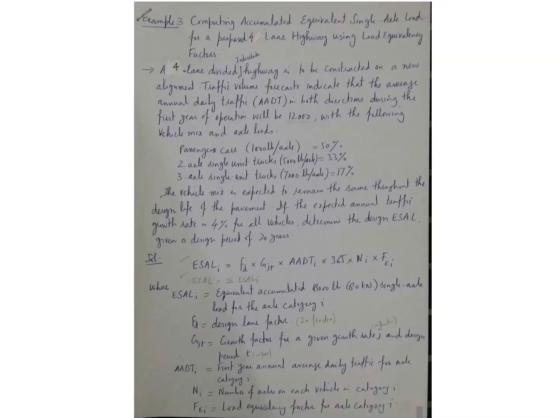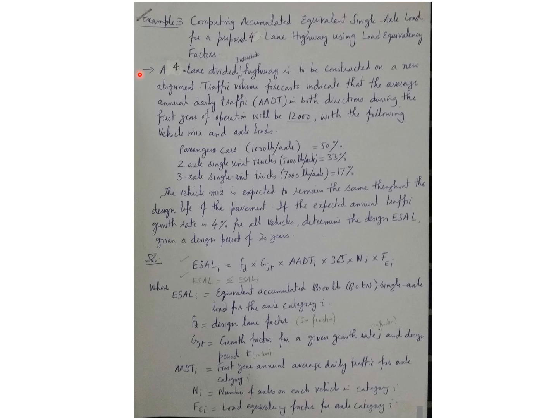Now we are going to solve two problems. In this problem, we are going to compute accumulated equivalent single axle load for a proposed 4-lane highway using load equivalency factor. So look at the statement. A 4-lane divided interstate highway is to be constructed on a new alignment.